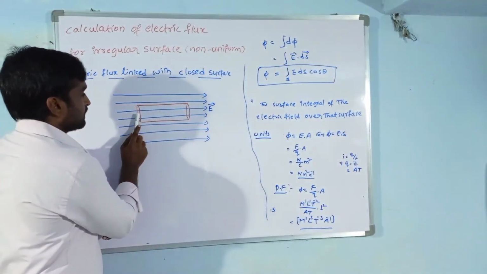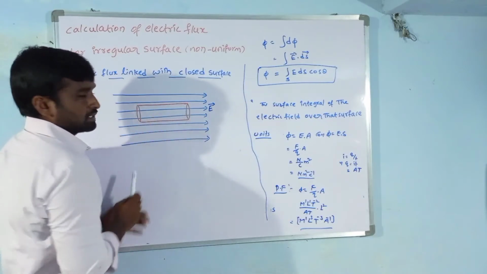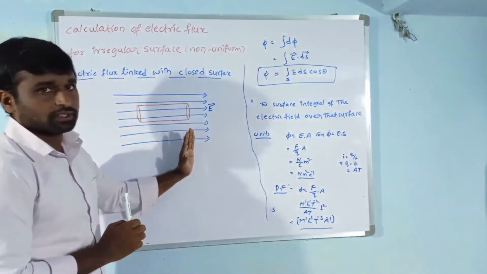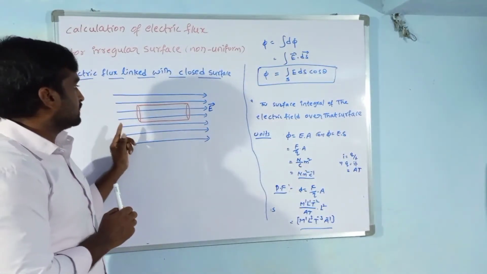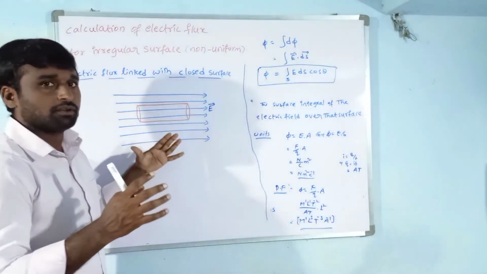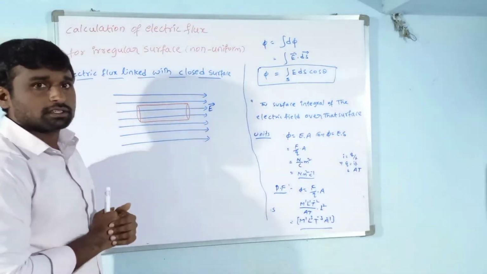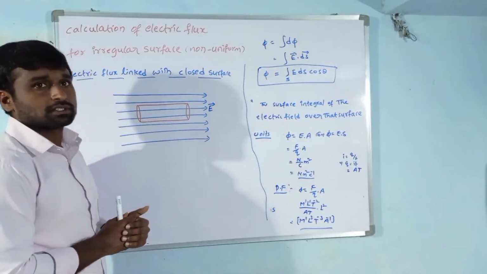This is one flat surface at one end, this is the middle portion, and this is the second flat end. We have to calculate the electric flux linked with these three surfaces separately, and after that add all of them. Then we will get the total flux linked with this closed surface.